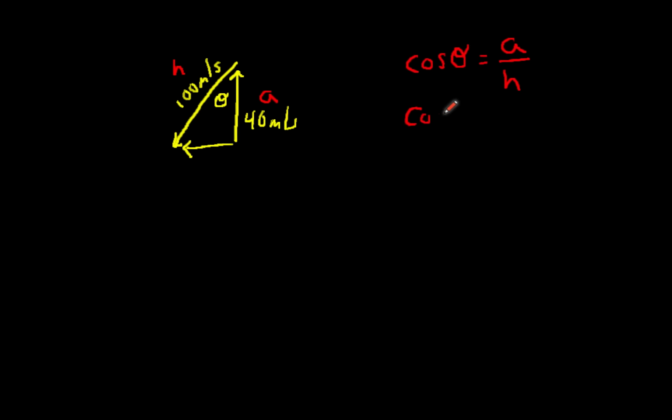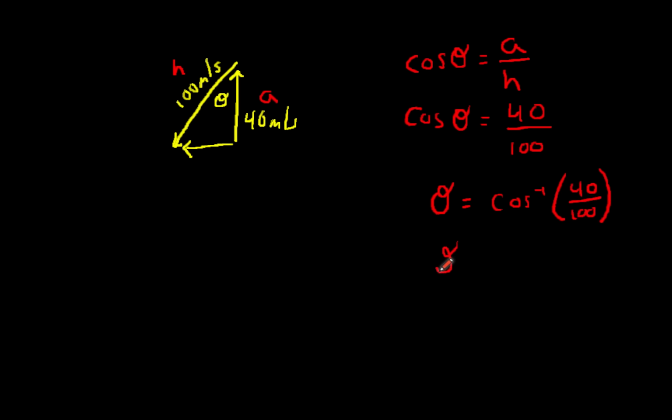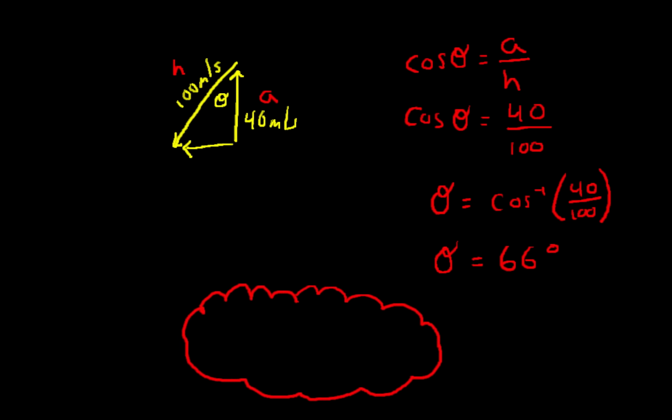Cosine of theta equals adjacent over hypotenuse. So cosine theta equals 40 divided by 100. Theta is cos negative 1 of 40 over 100, which is 66 degrees.